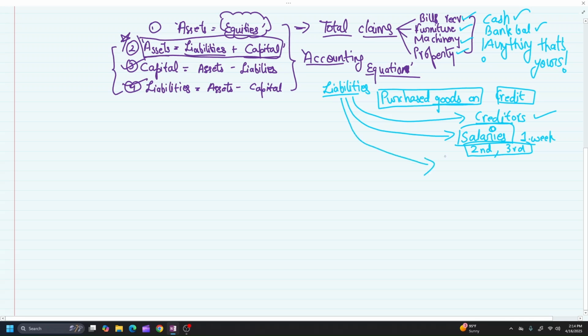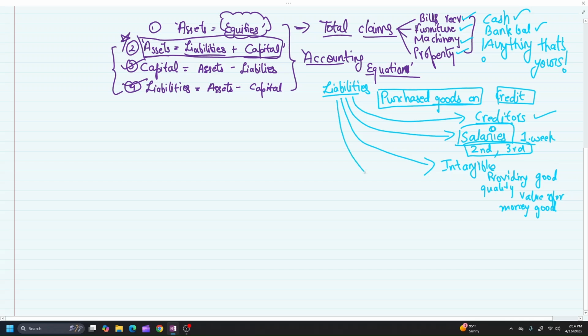If I talk about liability in an intangible way, providing good quality, value for money goods, that is your liability because they are paying for it.